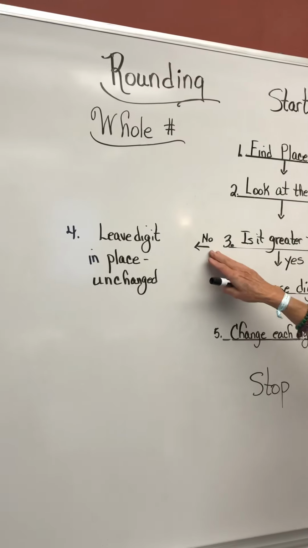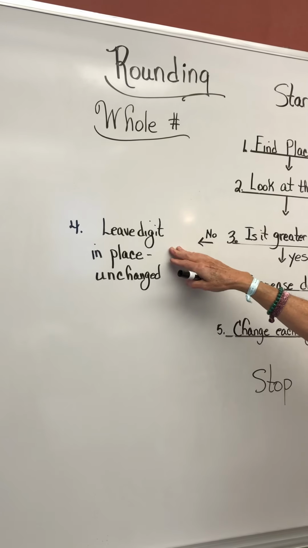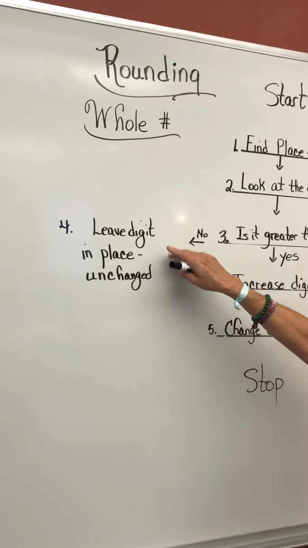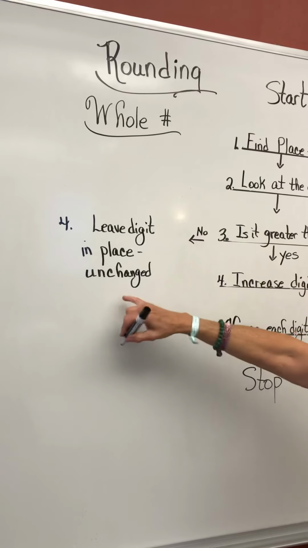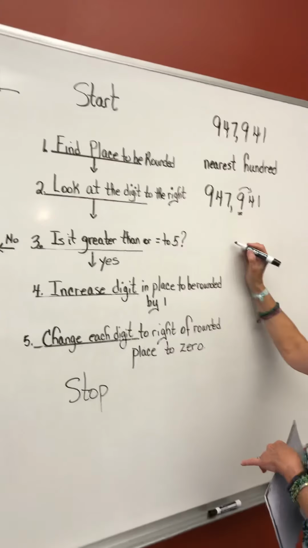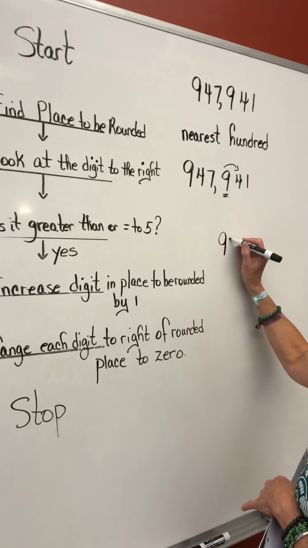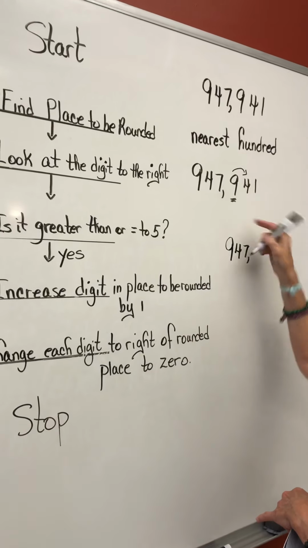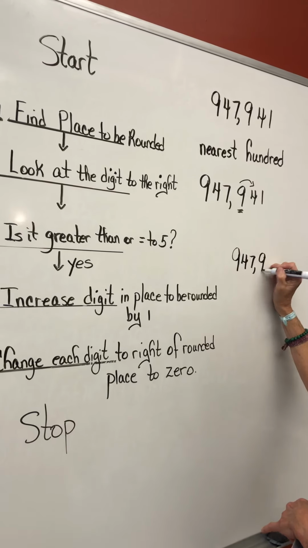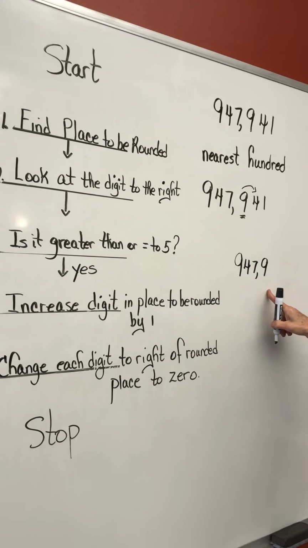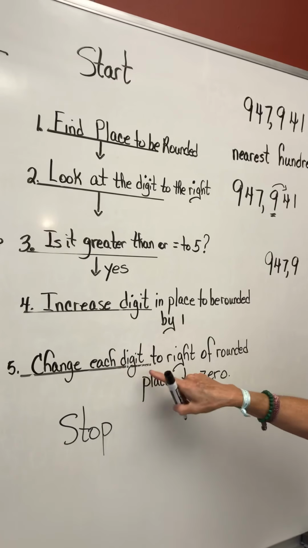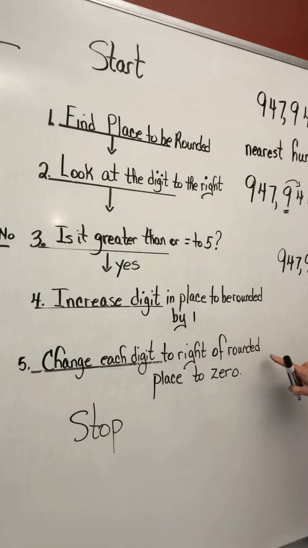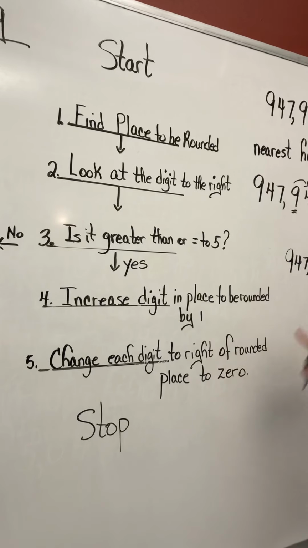So I'm going to go over to this part of my little flow chart that says no. And it says leave the digit in place unchanged. Okay, so 947,000, I'm going to leave that 9 unchanged. And then it says change, I go to 5 now, change each digit to the right of the rounded place to 0.